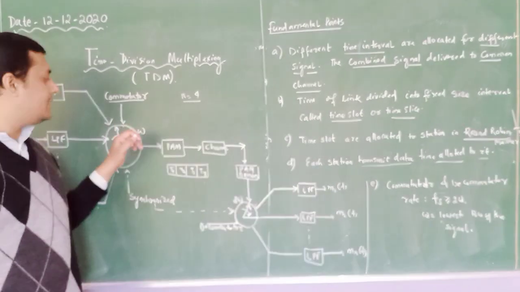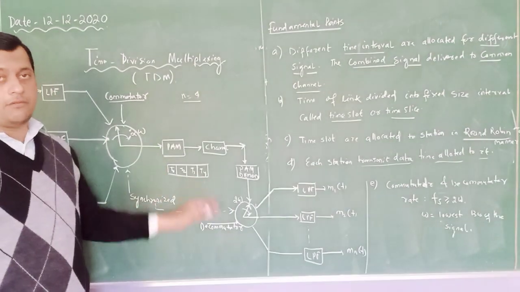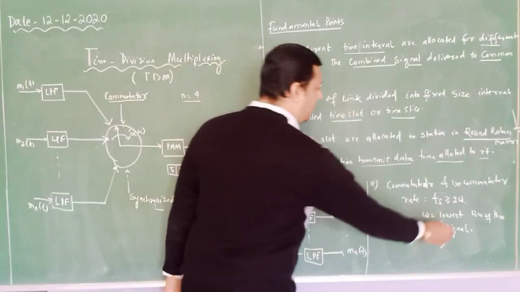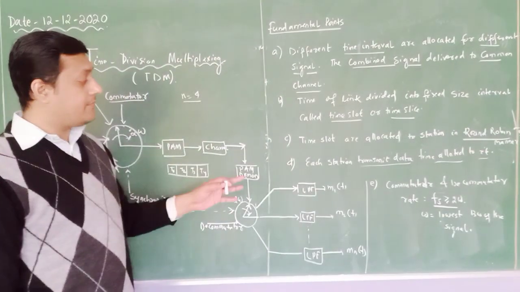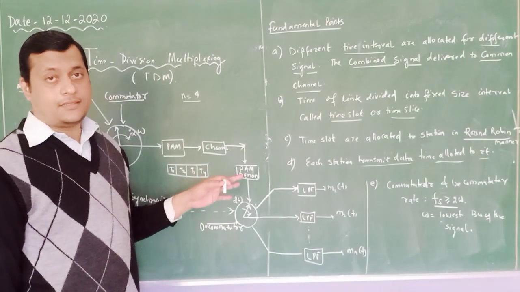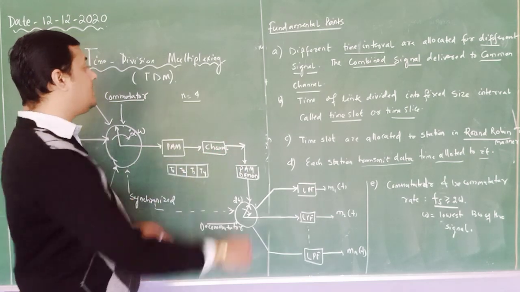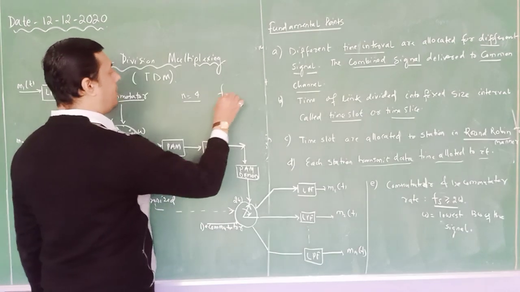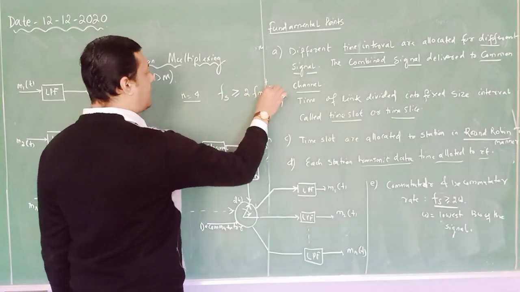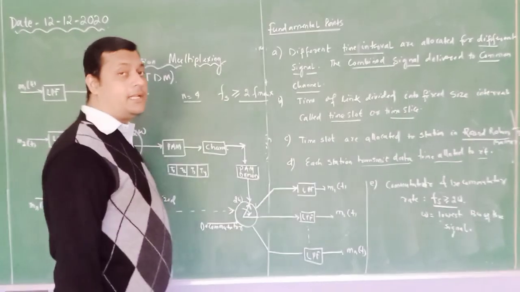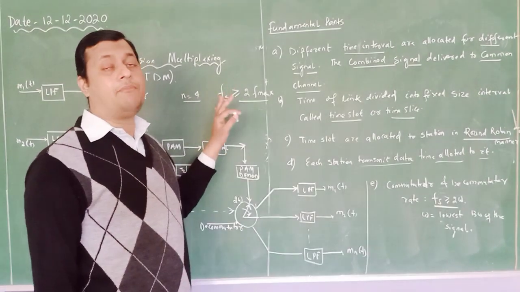Who will decide? This commutator switch. So how will this commutator and decommutator work? It will work at a rate of Fs greater than or equal to 2 omega. Here Fs is not the Nyquist criterion. In the Nyquist criterion, Fs greater than or equal to 2 Fmax, where Fmax is the maximum frequency available in the modulating signal, is multiplied to give the sampling frequency.